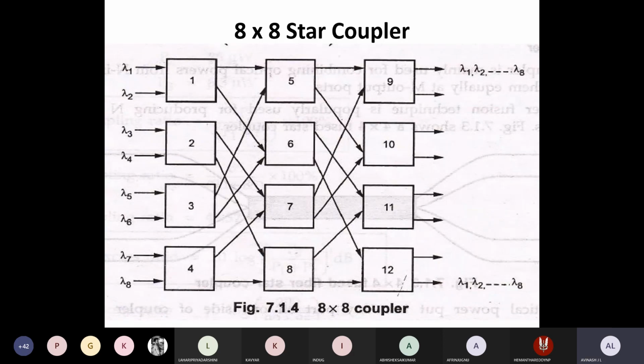Please make a note of this particular diagram. After you take this, we'll go for the next slide. Have you all taken this diagram? Yes, sir. Okay, thank you.